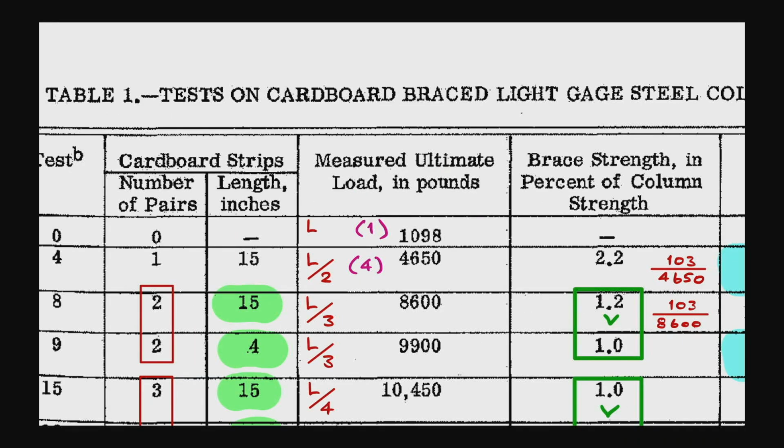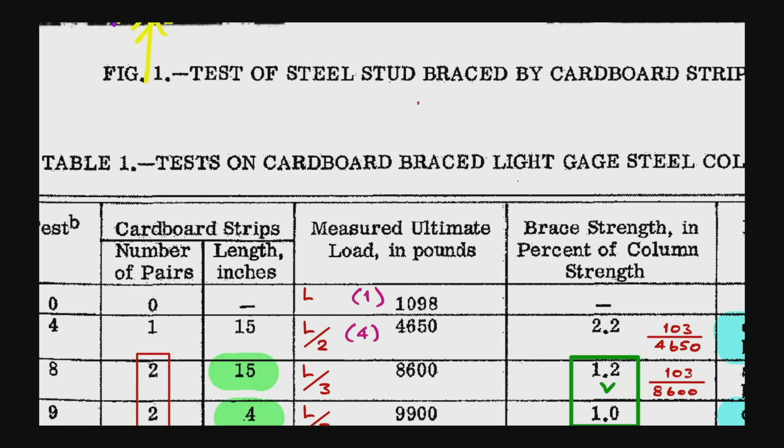Why? 1 means 1 time of pi square EI over L square. You have the simply supported pin column, so the K is 1.0.